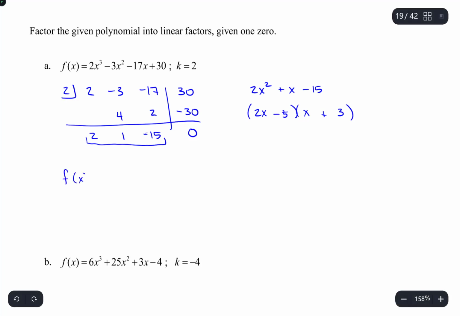So that means f of x can be written as, if I take this 0 and turn it into a factor, it would be x minus 2. And then these other factors, 2x minus 5 and x plus 3.